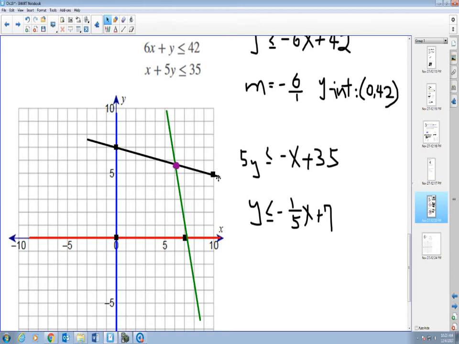Let me take this point away, because this point is the point I'm using to help me draw that line in the first place. Alright, to the right, above the red, below the green, below the black line. So this must be my visible region.